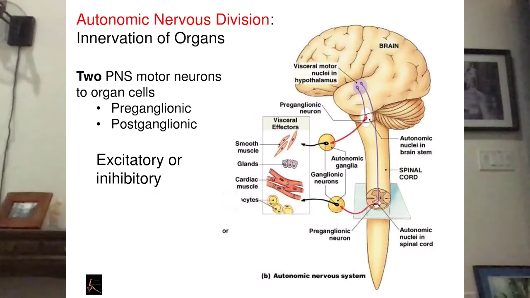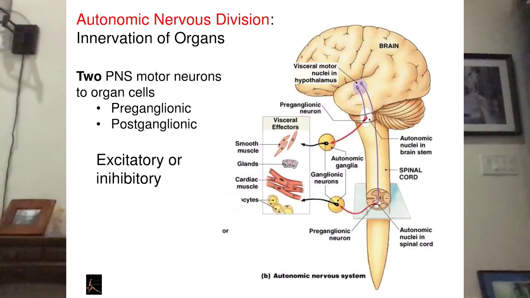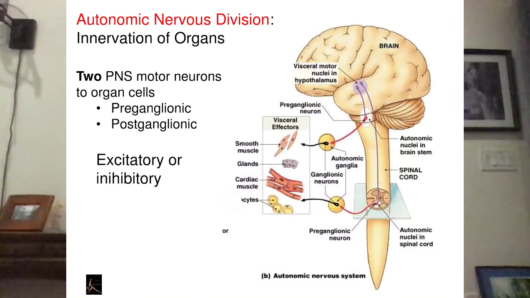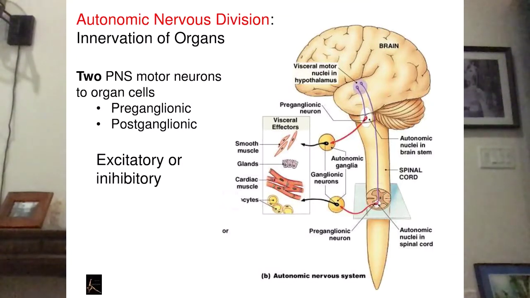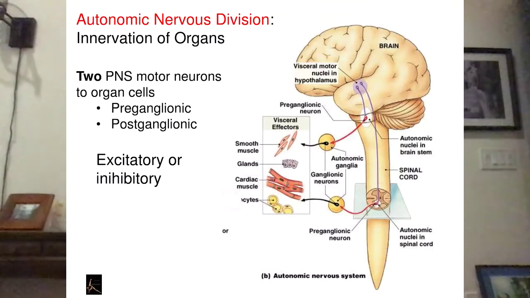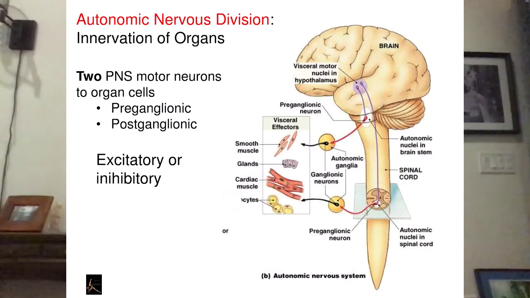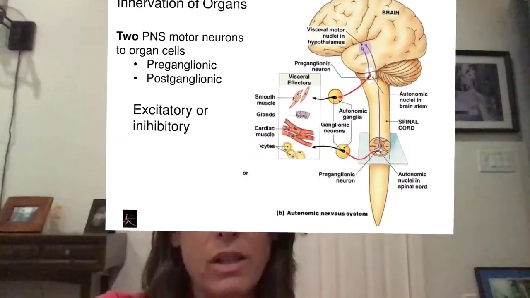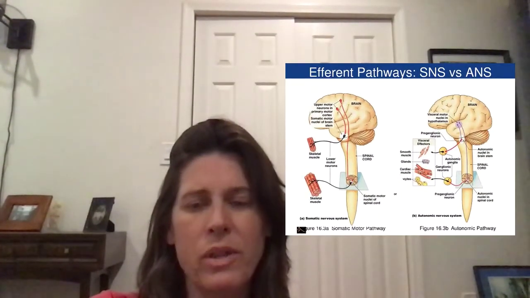So you can see why it's named that way. Preganglionic neuron, most of the nerve occurs before the ganglion, and then the postganglionic neuron originates, the cell body is within the ganglion, but the rest of the nerve is outside of the ganglion. Okay? All right, so keep those in mind because we're going to look at this a little more closely.